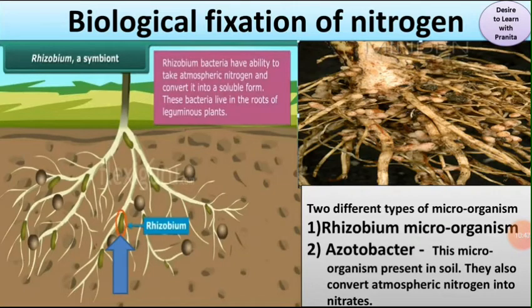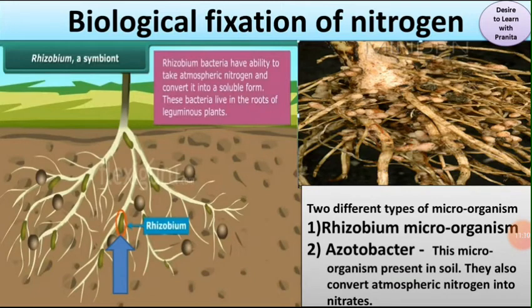There are different types of microorganisms: rhizobium and azotobacteria. These microorganisms are present in the soil. They also convert atmospheric nitrogen into nitrates, that I told you. In the atmosphere, nitrogen forms into nitrate.